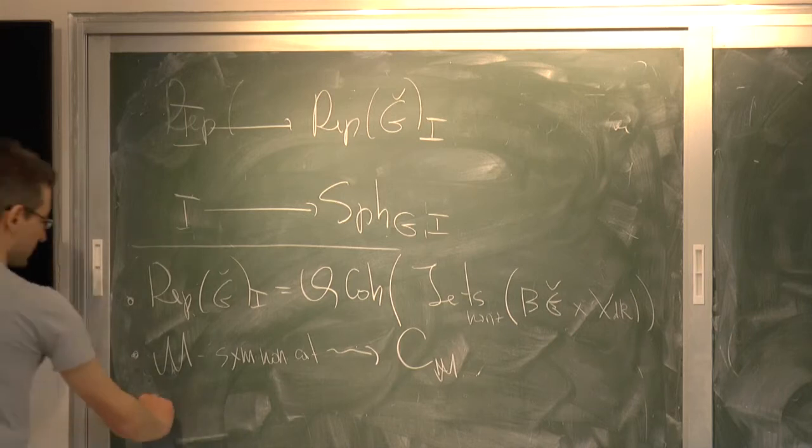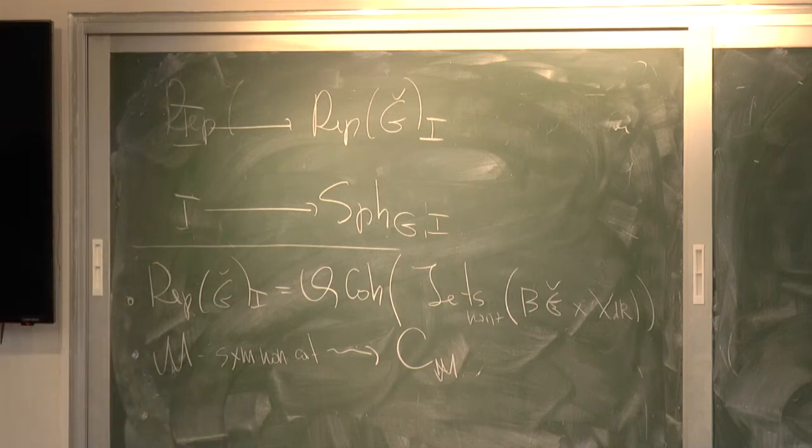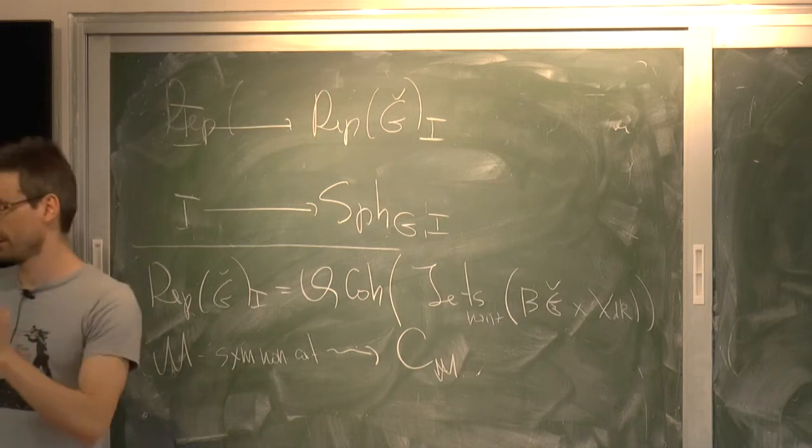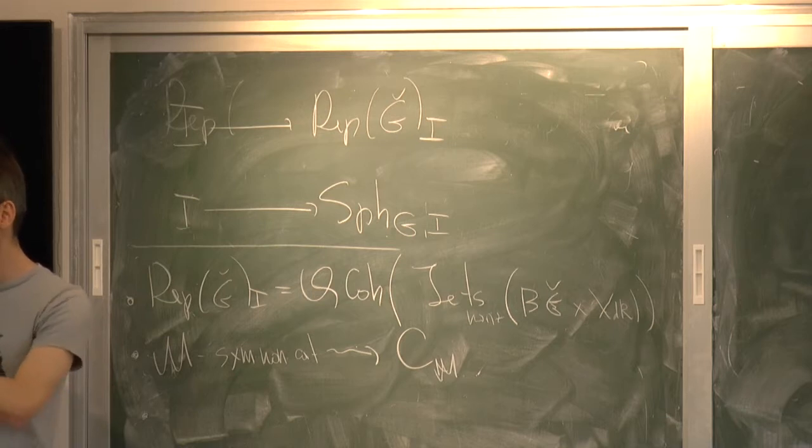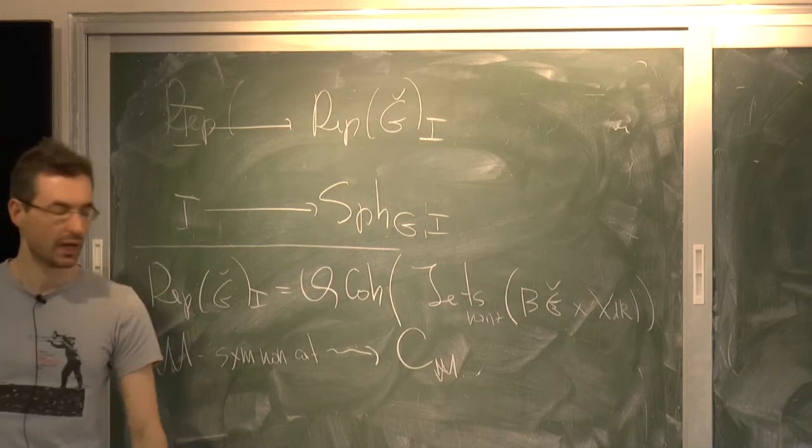If you have a symmetric monoidal factorization category, it comes in a unique way from a sheaf of symmetric monoidal categories over x de Rham. So it doesn't have to be constant, but it comes from the curve. As with algebras, it's completely true.